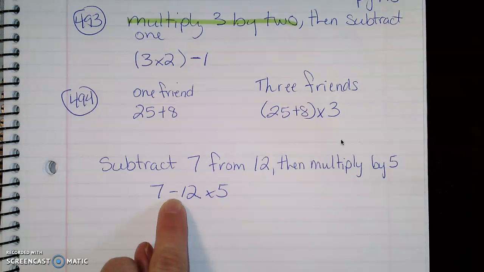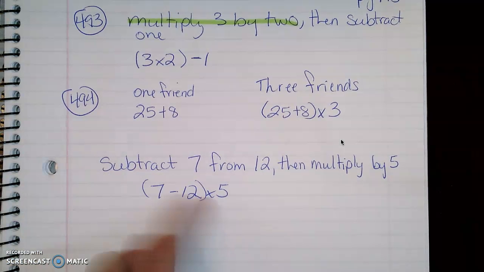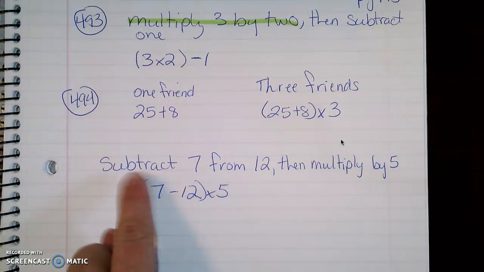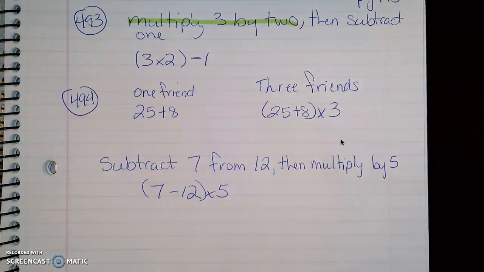First off, we are not working yet with negative numbers, so we cannot do this one, right? We have to have that bigger number first. And if I read the words, it says subtract 7 from 12, which means there's 12 and I'm taking 7 from it. It's like if I said, take the ball from Johnny, you would go to Johnny and take the ball.